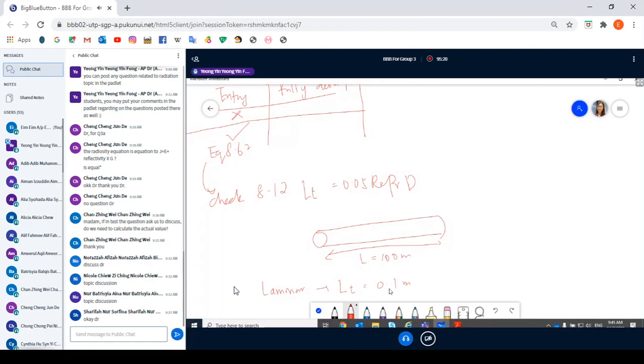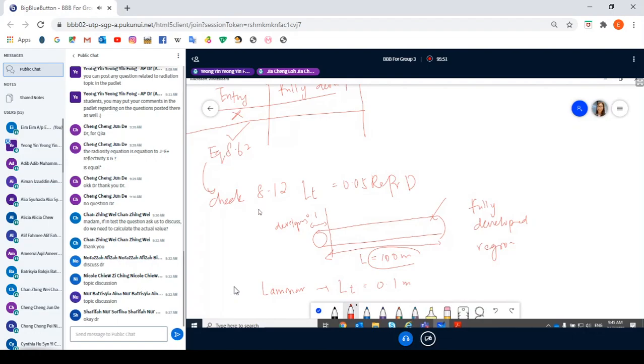Then 0.1 is the developing region, and since your length of the pipe is 100, this becomes the fully developed region already. This is how you categorize them into developing or fully developed region, because we have different correlations. That's for the TS constant.